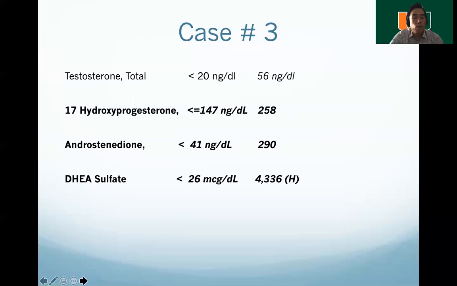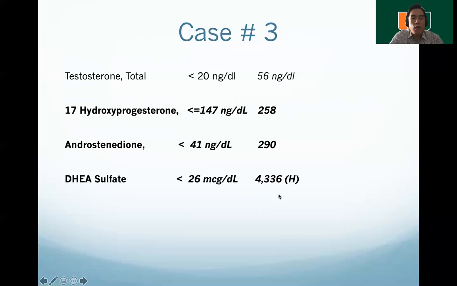So this is what happened. I sent labs: testosterone very elevated, 17-hydroxyprogesterone and androstenedione both elevated, but look at the DHEAS, 4,336, extremely elevated. Remember back to the case during academic half day, that many people thought was an adrenal tumor but was not? It was actually an adrenarche.